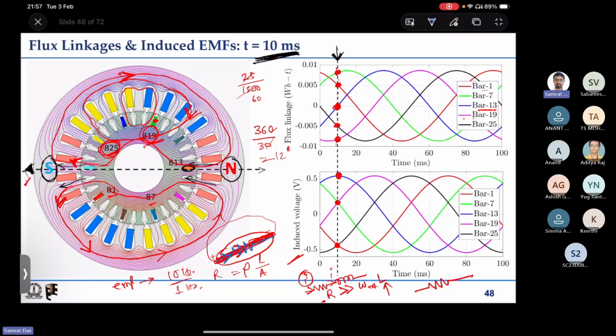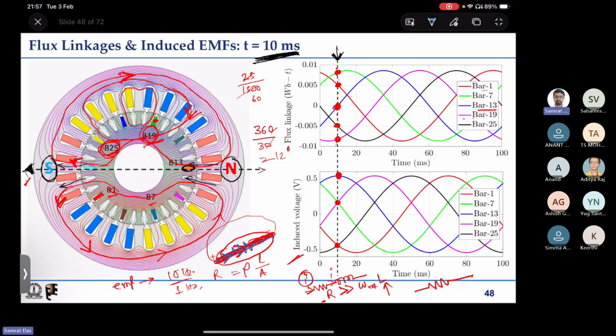Had it been RL, the current would have lagged the induced EMF by the phase angle of that R and L. Because it is reasonable to neglect the inductance of the rotor bars, each rotor bar can be considered as a resistance.